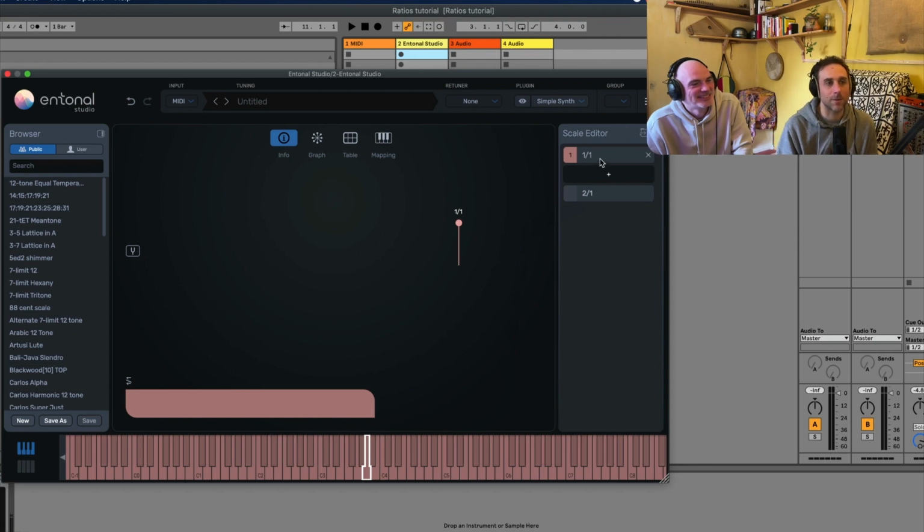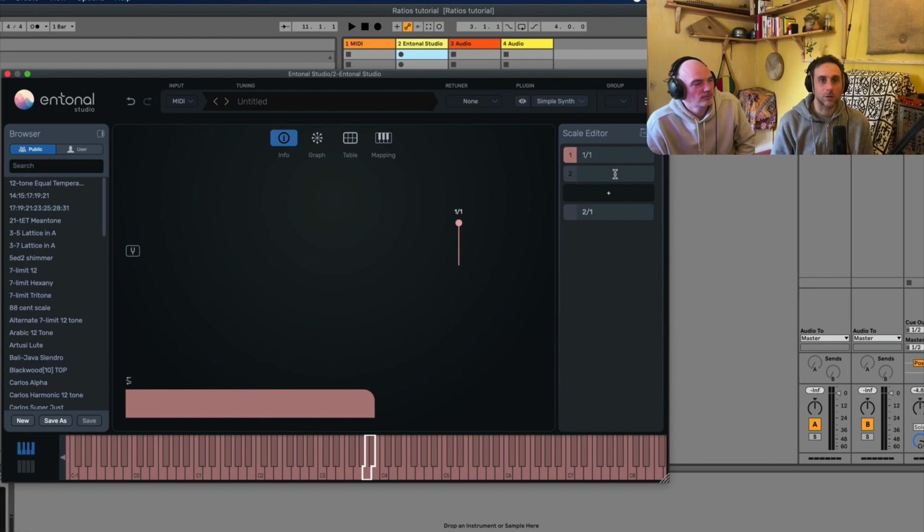And we can describe the root of that as 1, or 1 over 1 when you're talking about ratios. Now let's get into the other ratio. The most common and easy to understand ratio is 3 over 2. So let's write that in.